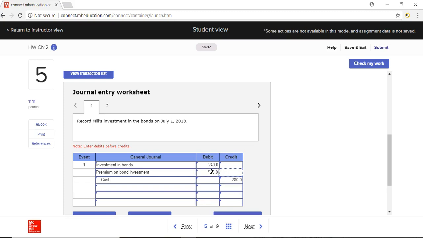The reason the issuer issued these bonds at a premium is that the face value of the bonds was $240 million, but the issuer receives $280 million, so the bonds were issued at a premium.